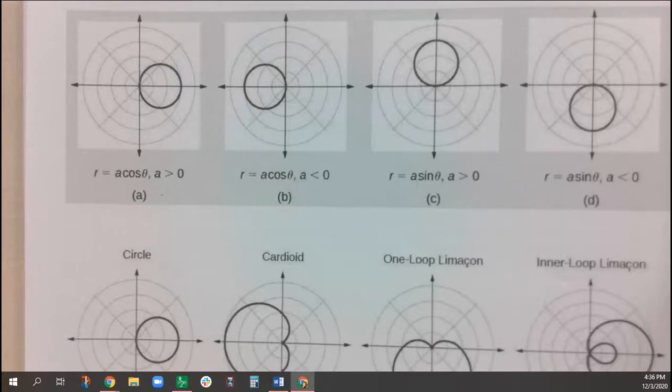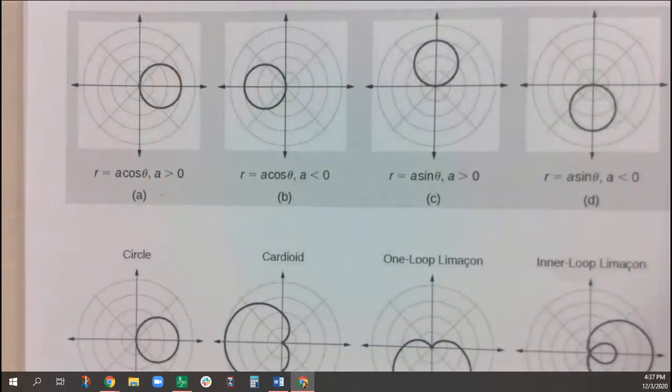There's more to the pre-cal aspects of polar that I'm just not going to take time to go into in this video because I really want to get into how to sketch the graphs of the polar curves. That's one thing that we need to be comfortable with in calculus, is how the polar graphing of a curve works so that we can understand how to apply the concepts of calculus to it.